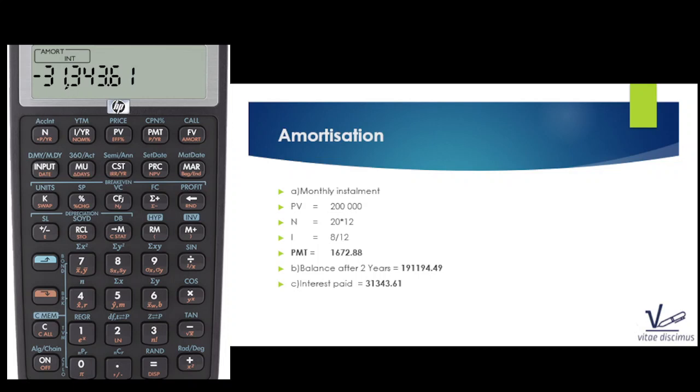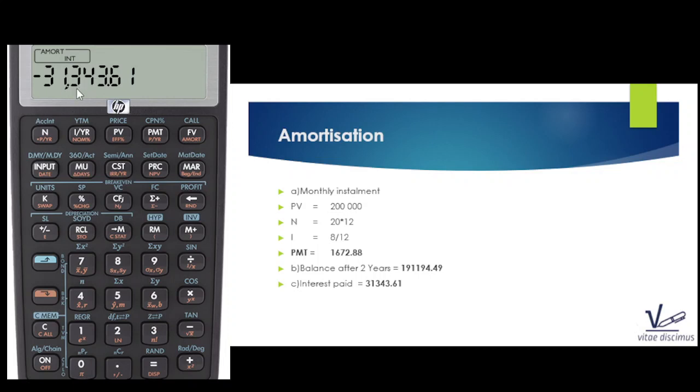If you look at it, you will notice that most of the amount this person has paid towards the debt has gone to interest. 31,000 has gone to interest, whereas only 8,800 has gone towards reducing the principal debt. They will tell you interest is 8%, but if you take your payment of 1,672 and multiply it by 24, it's quite a lot of money you have paid. Only 8,000 has gone towards reducing your principal debt, whereas the other 31 has gone towards interest.